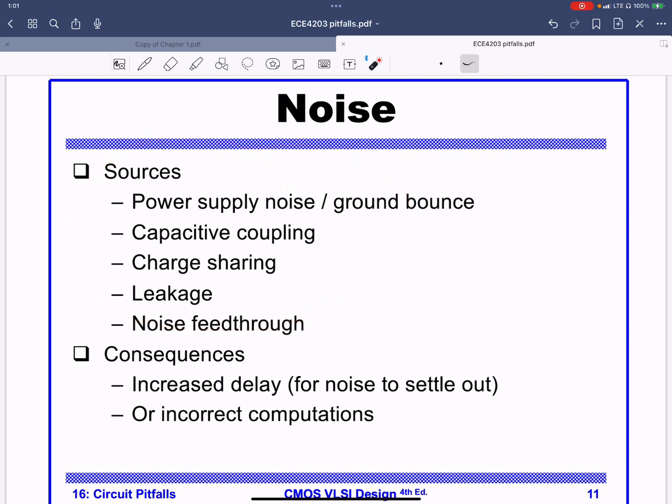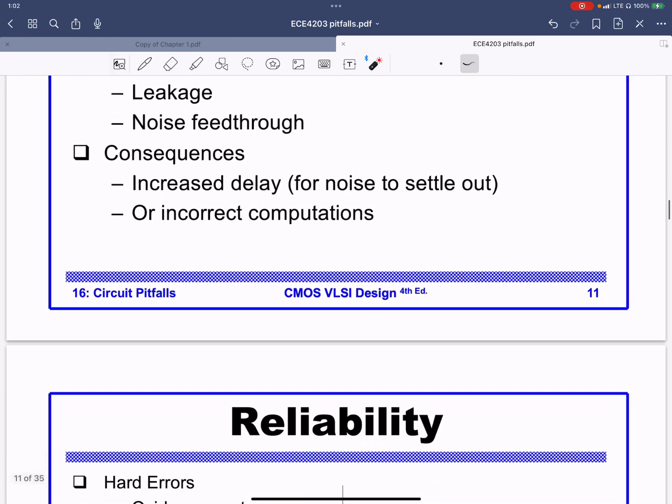Anyway, the consequences of that noise are either increased delay, as voltage supplies droop, etc., things might take longer to settle into the correct value, and you'd have to wait for things to settle before the clock edge can sample them, which means a delay. Or what's worse is incorrect computation, which would be a really bad situation.